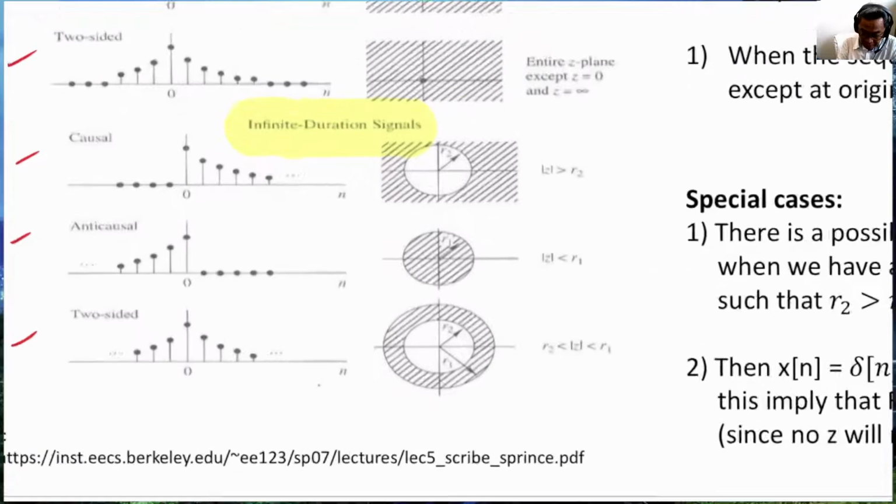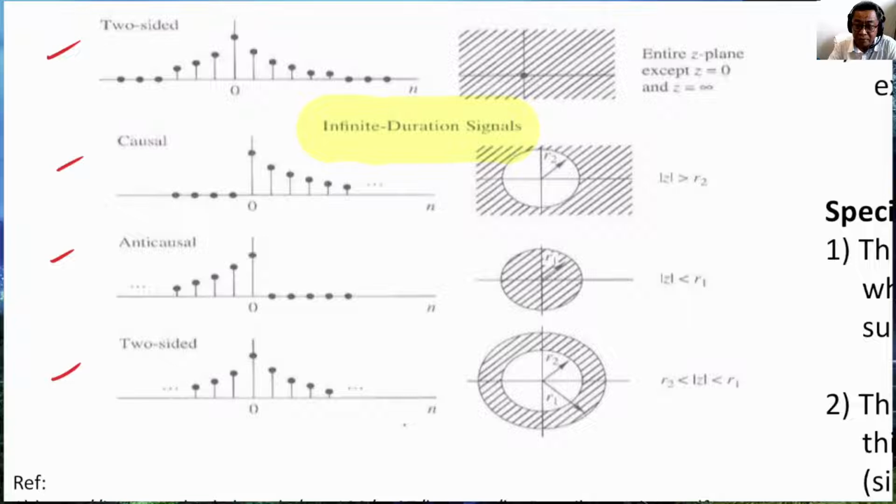The second type is the infinite duration sequence. We have the causal infinite, meaning that the signal only exists from positive time. Nothing is at negative time, but it does not die away. It is an infinite sequence.